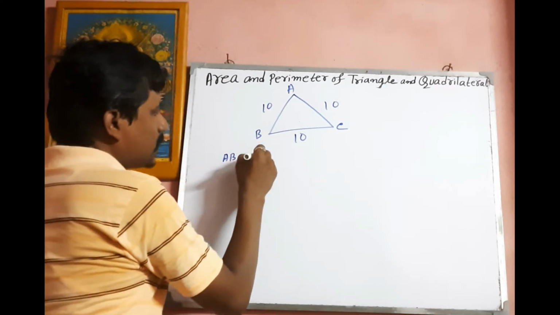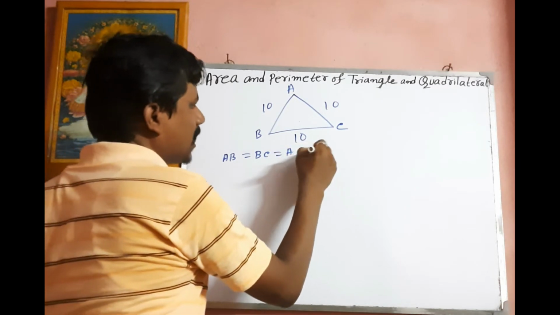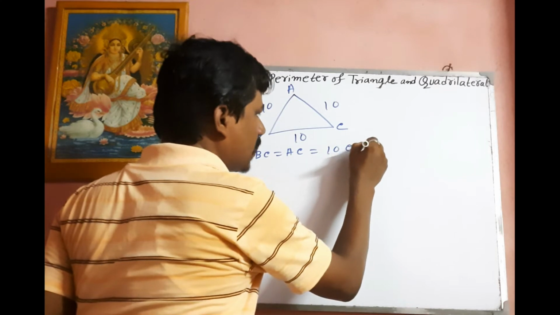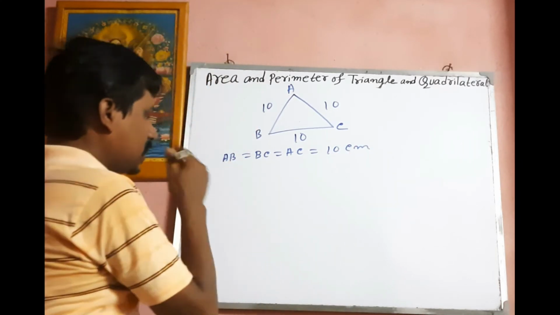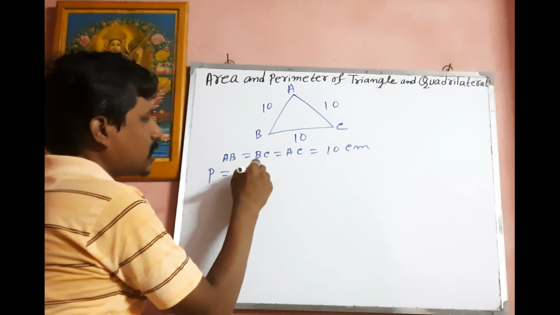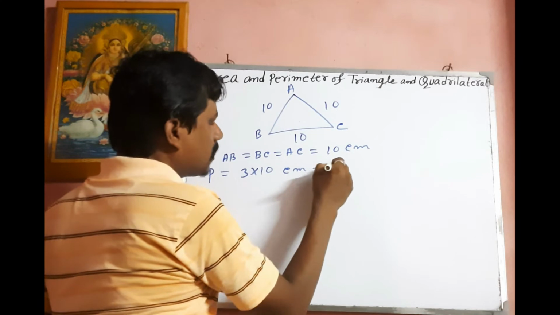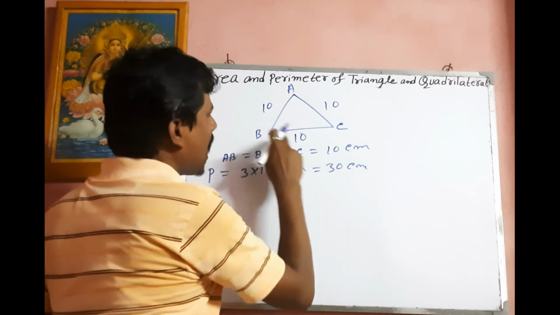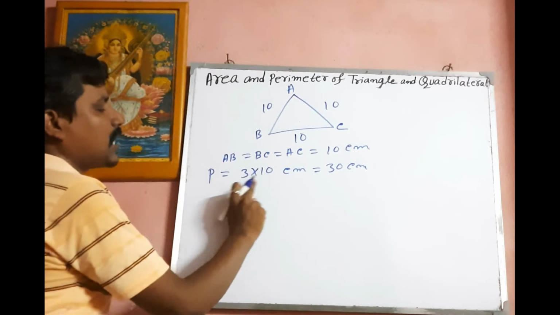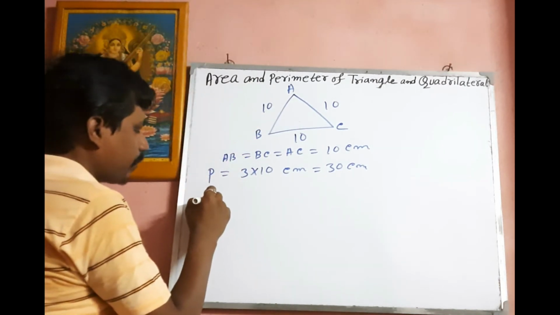AB is equal to BC is equal to AC is equal to 10 unit. This will be centimeter if we take centimeter. Then the perimeter is equal to 3 times of this, that is 30 centimeter. It is the sum of 10 plus 10 plus 10, a simple form of 3 times 10, equal to 30 centimeter.